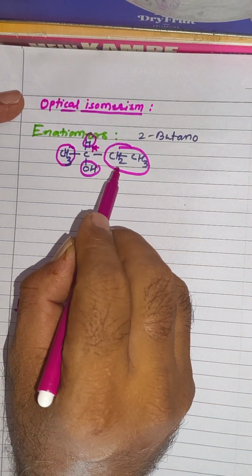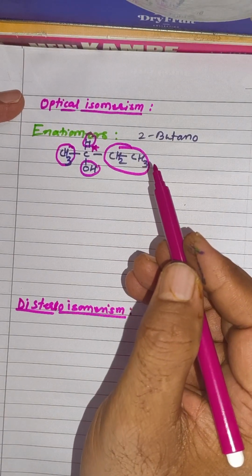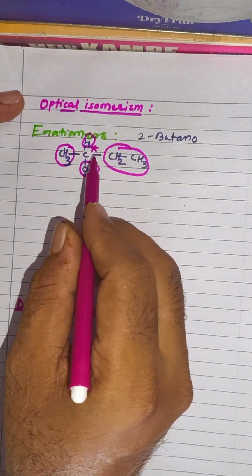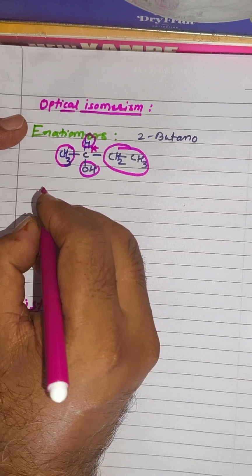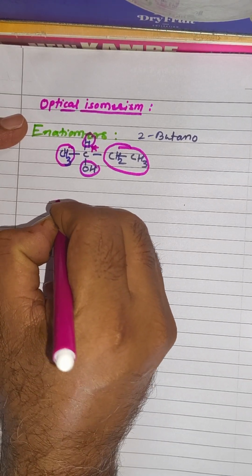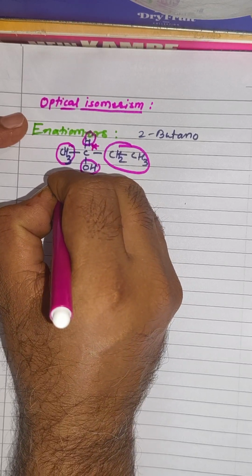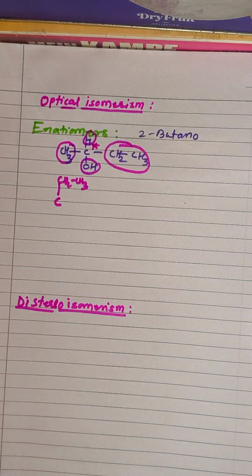Those compounds which show a chiral carbon atom are called optically active, meaning they can rotate the plane of plane polarized light. These are called enantiomers. If I write the structure of this compound, I can show how the mirror images are not superimposed. So I can write here CH2, CH3.